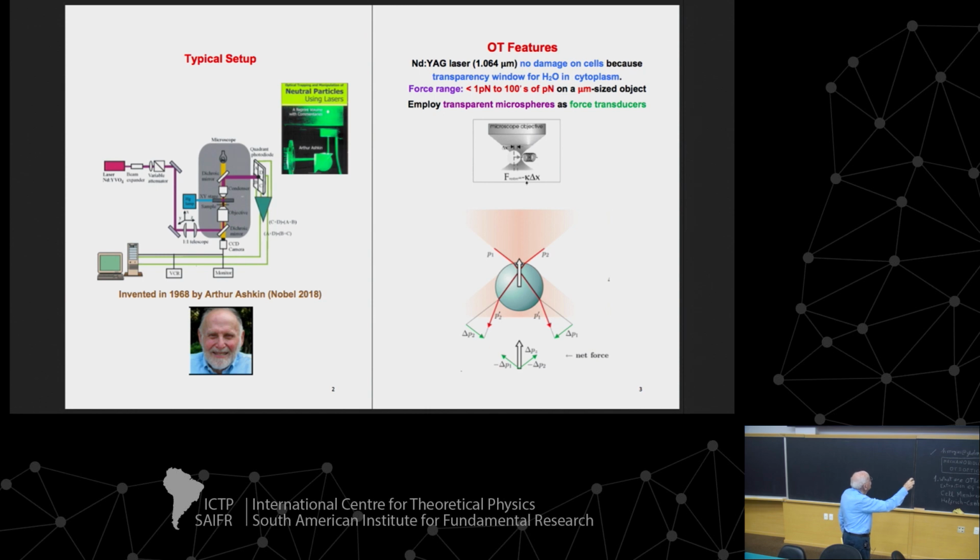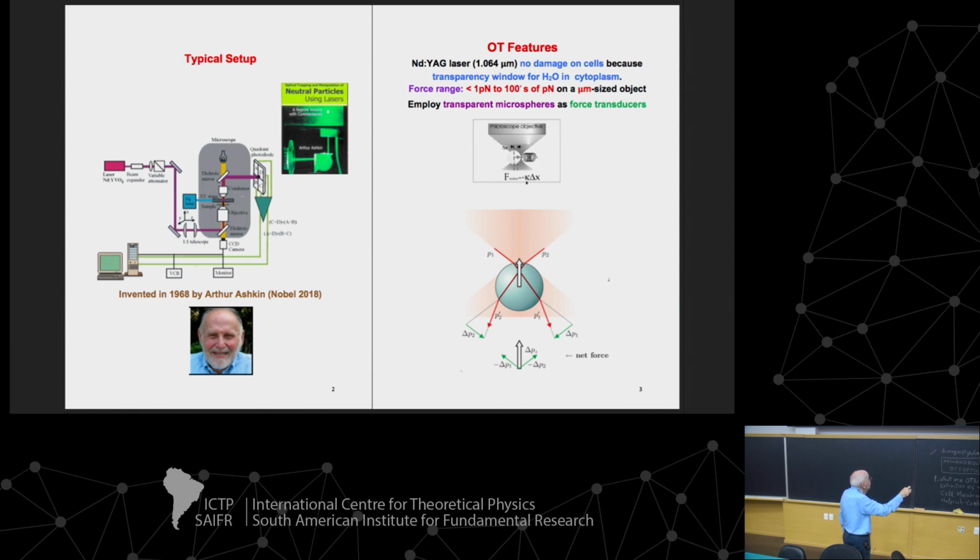Oh, I'm sorry, I showed the wrong one. This is the ray on this side. It's refracted here and refracted out again. And so it changes its momentum from P1 to P1 prime. That gives rise to a transmitted momentum delta P1. On the other side, you have the same thing, and delta P2.